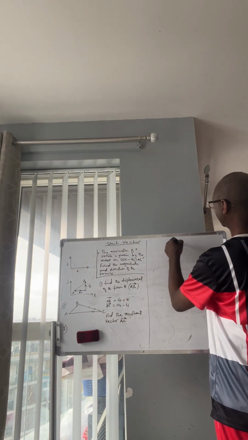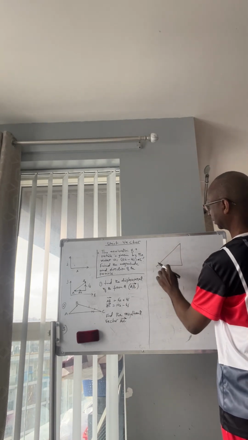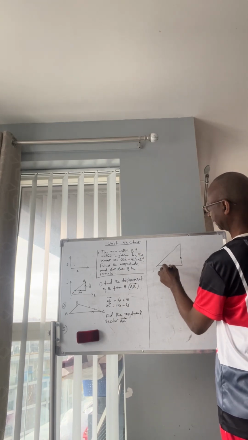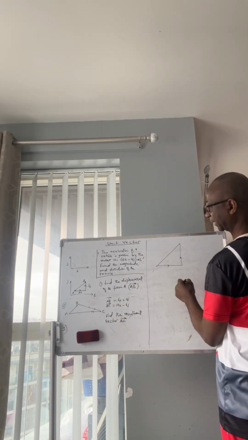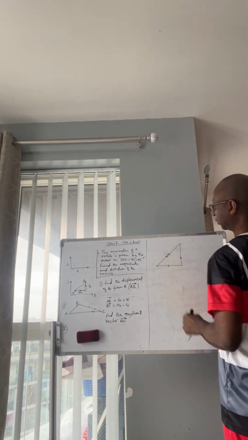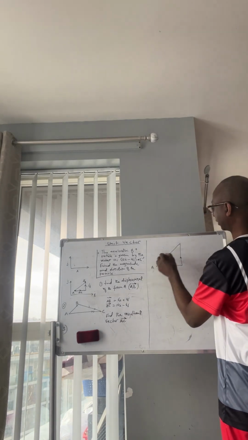So this is what you have. You have this one going this way, this one going this way, and then you are asked to find this one. More or less, this is just the resultant vector. You're asked to find AB.